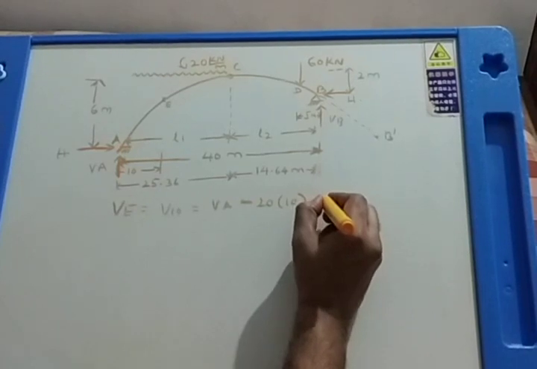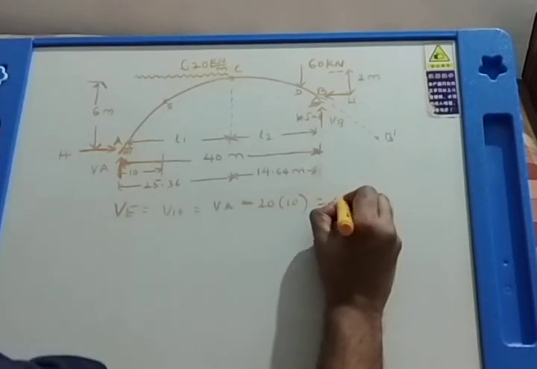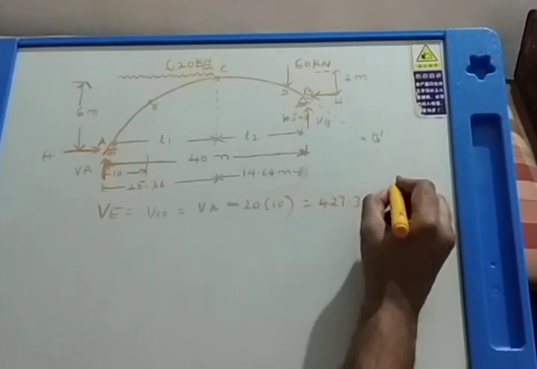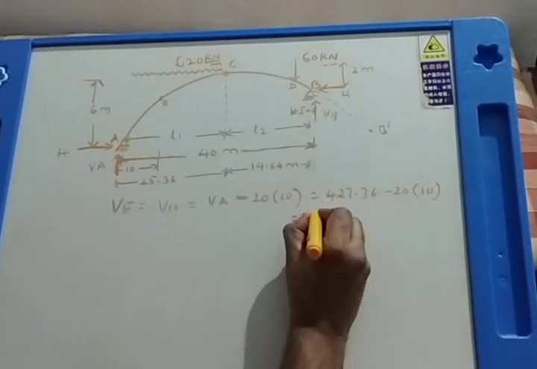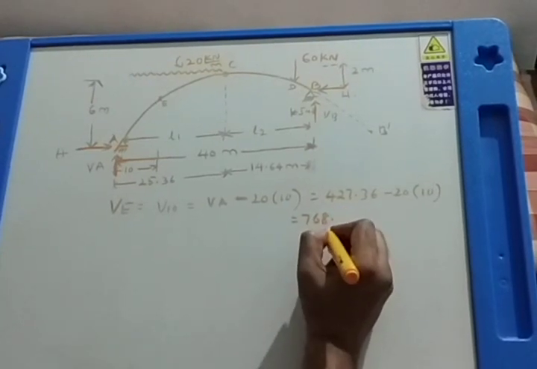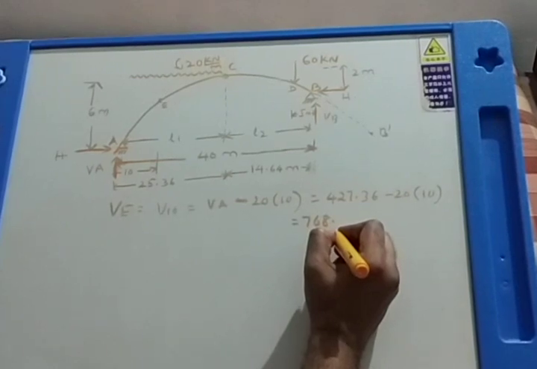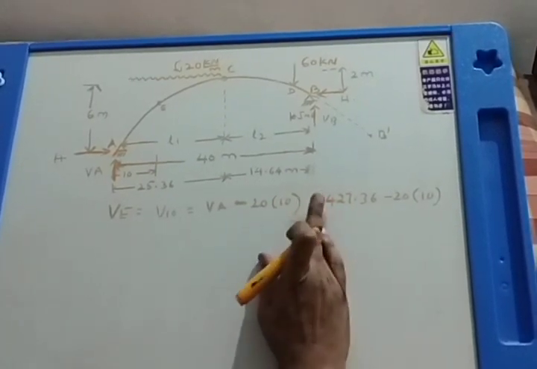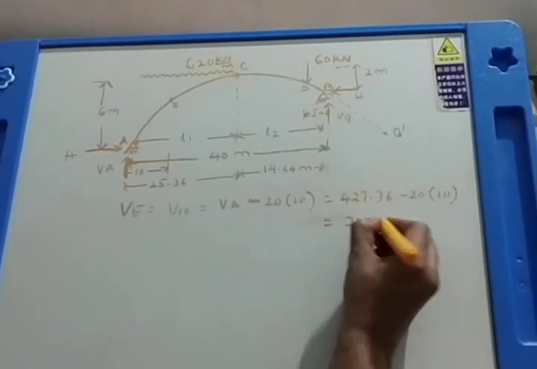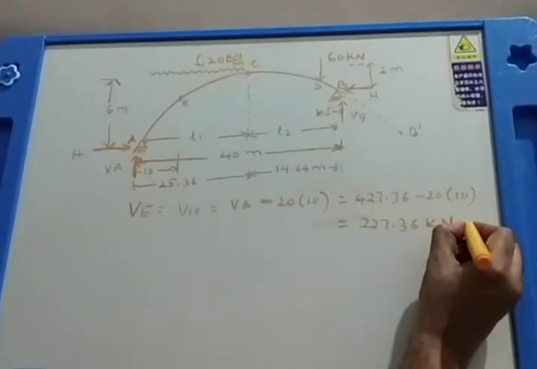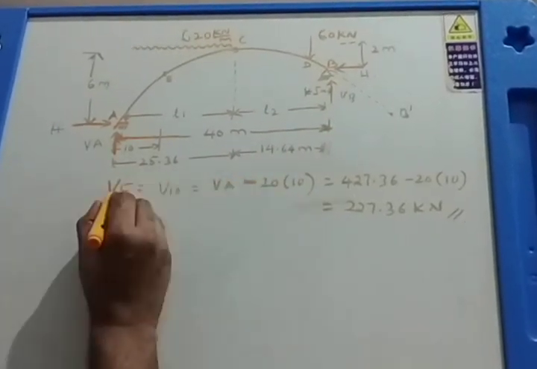We know already VA, 427.36, minus 20 into 10, which will be equal to 768. Sorry, not 768. The value will be much lesser. 227.36 kilonewton.